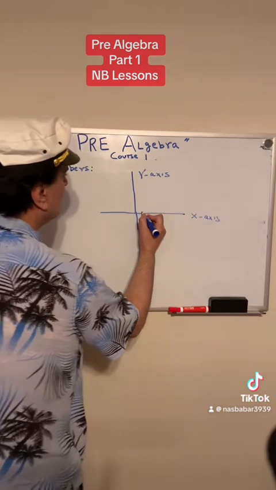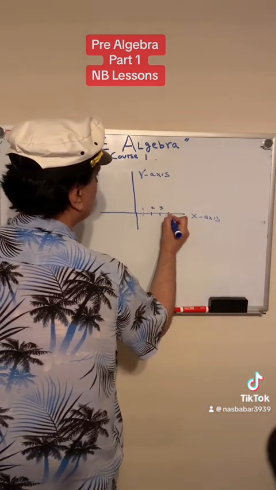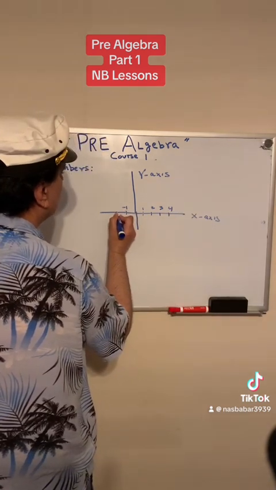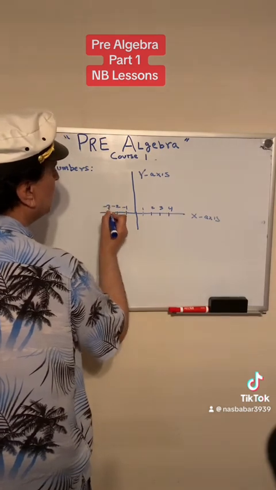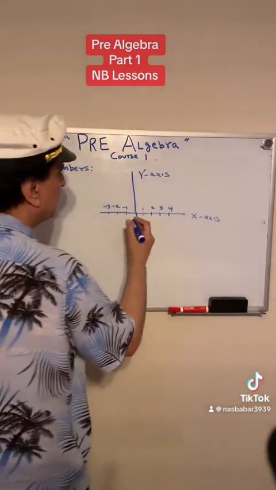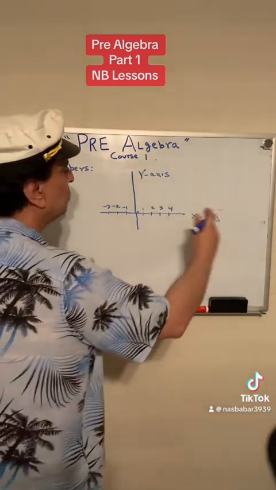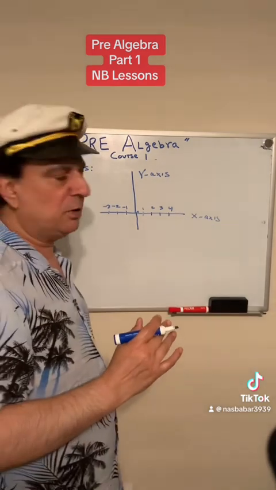For example, 1, 2, 3, 4, -1, -2, -3, all of these are real numbers. 0, which is right here, 0, 1, 2, 3, 4, -1, -2, -3, -4, all of them are real numbers.